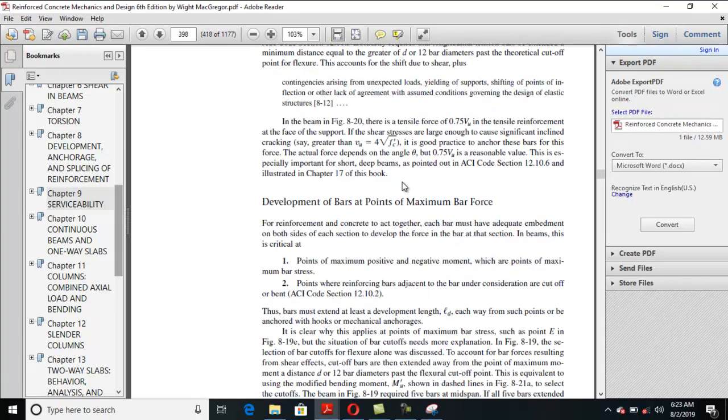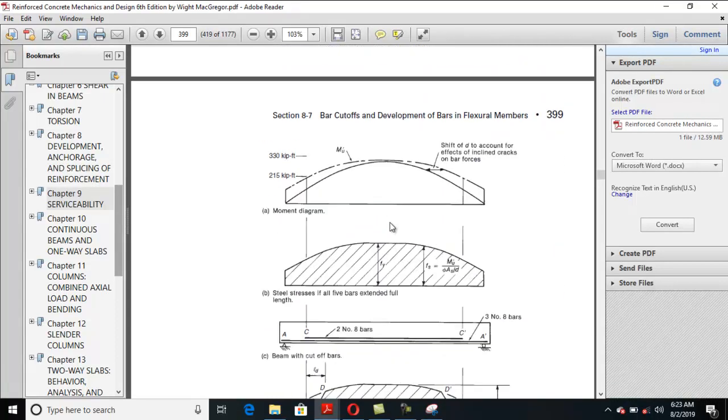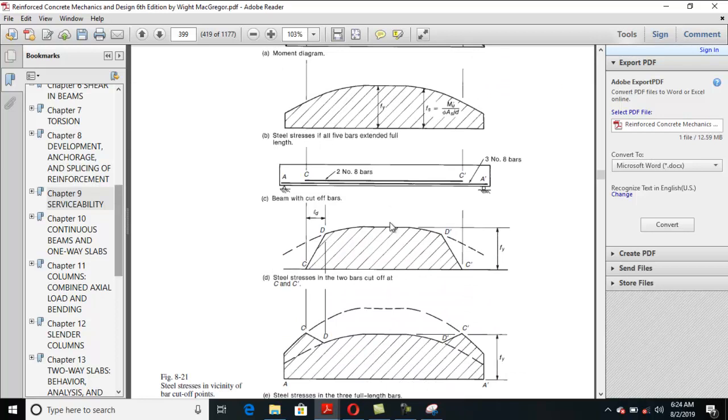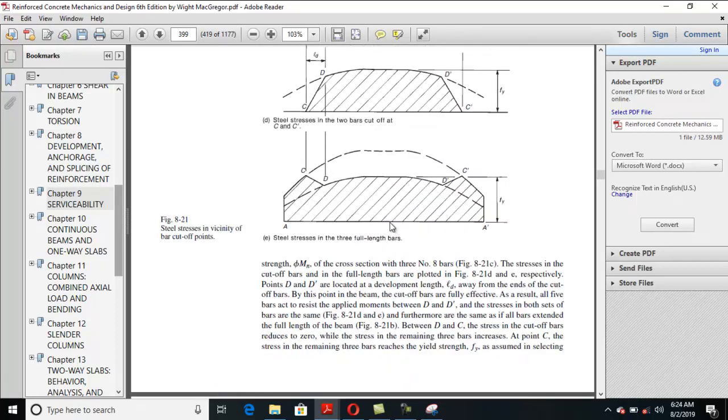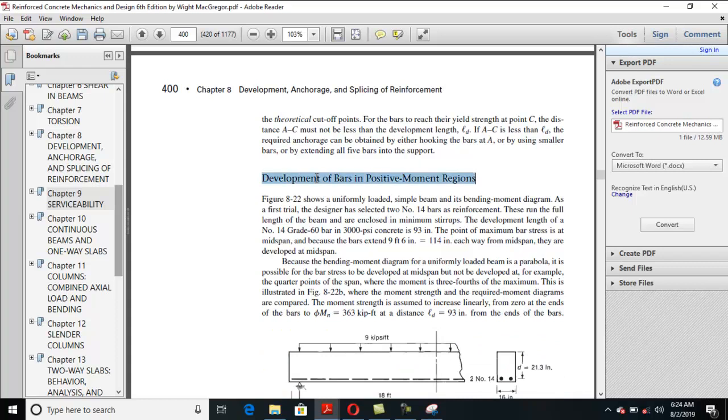After that inshallah, in lecture 11 we will extend this lecture. We start from this point, where development of bars in positive moment regions is discussed.